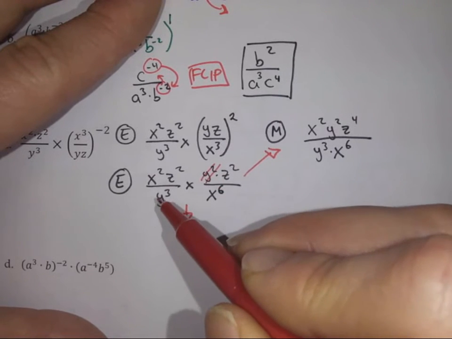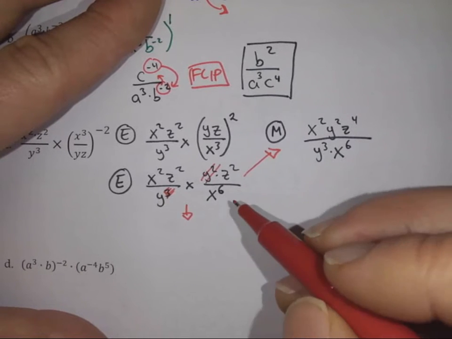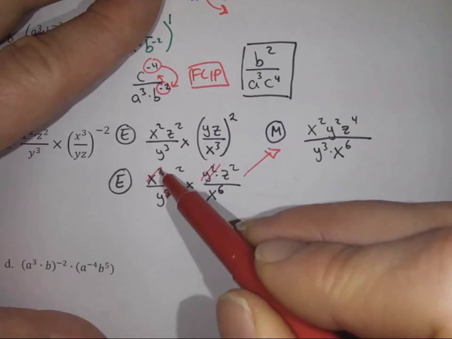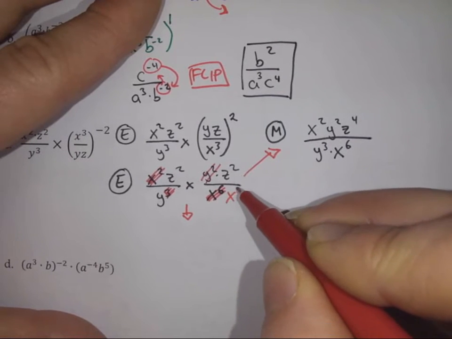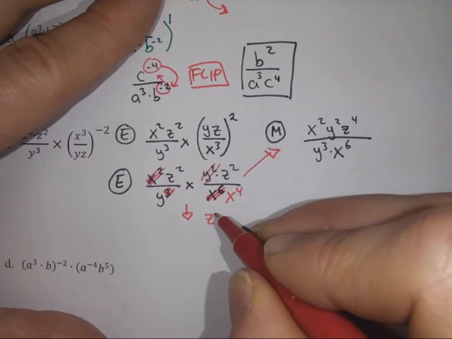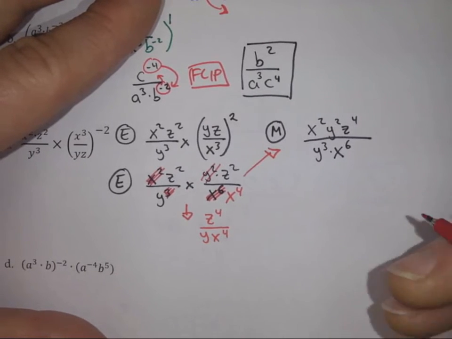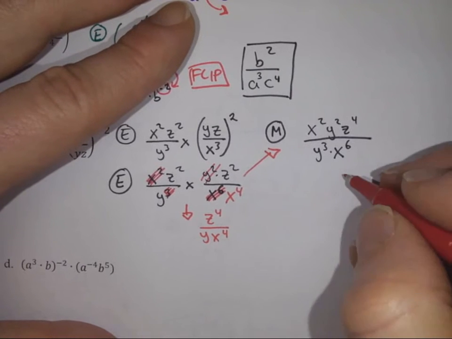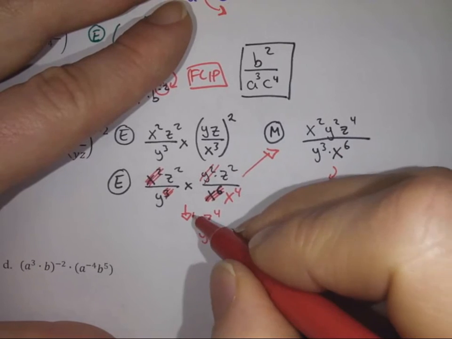So I can cross out the exponent, leaving 1 y. And I'll take away 2 x squareds here, and this will leave an x to the power of 4. And then when we multiply it across, it's simplified. Z to the power of 4 over y x to the power of 4.